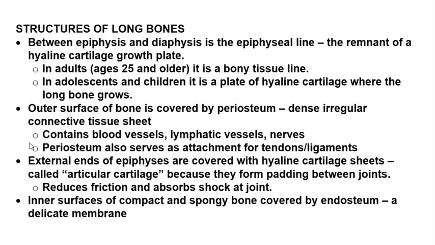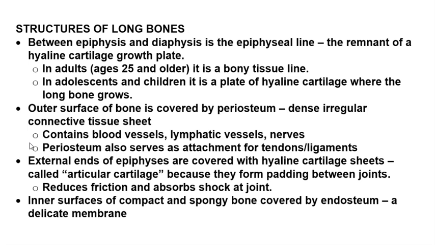But in adolescents and children, the epiphyseal plate is made out of hyaline cartilage, and it is the hyaline cartilage in that epiphyseal plate that grows and causes the bone to grow longer in length, because some of that hyaline cartilage is eventually replaced by bone. The cartilage continues growing in length to lengthen the bone, and then bone tissue eventually replaces that hyaline cartilage. So that is how our bones grow in length during childhood and adolescence.